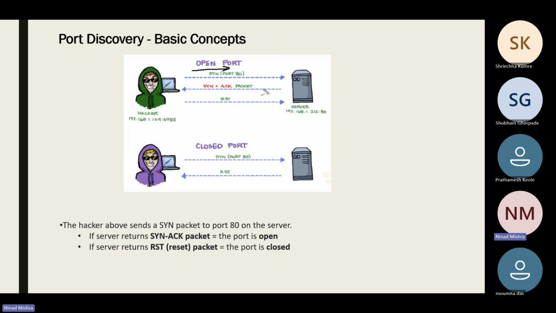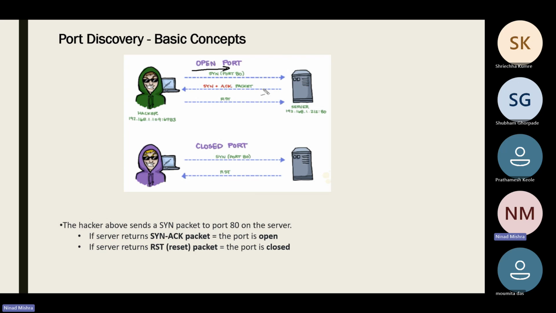The attacker will then just send an RST packet, and it will close the connection. But the motive of the attacker is completed: he is able to find out that the port is open. But how to find out if the port is closed?